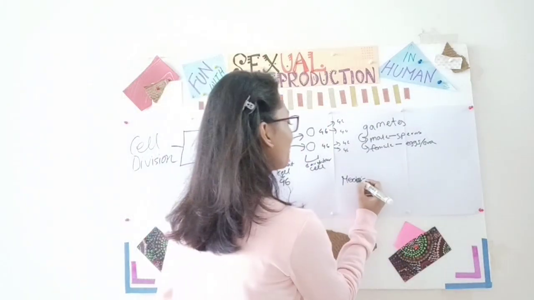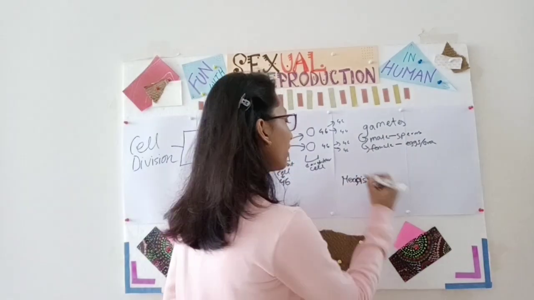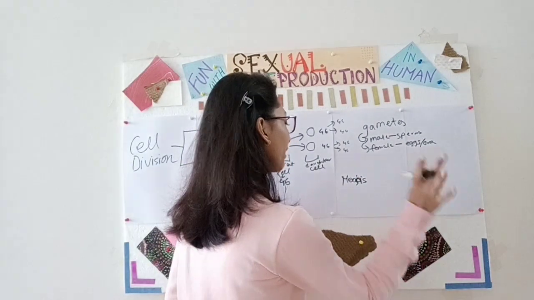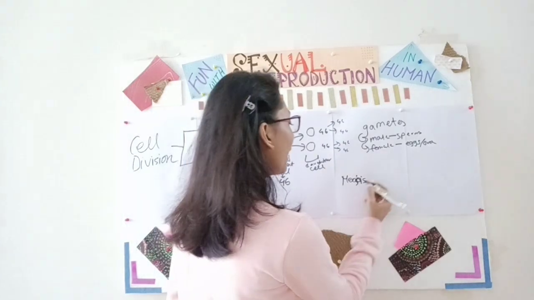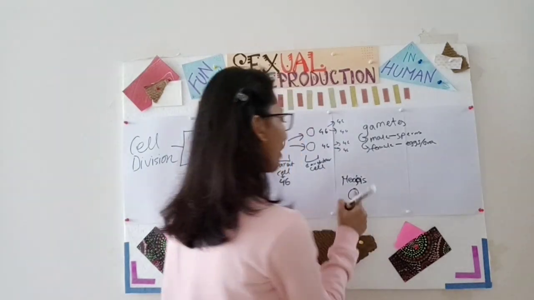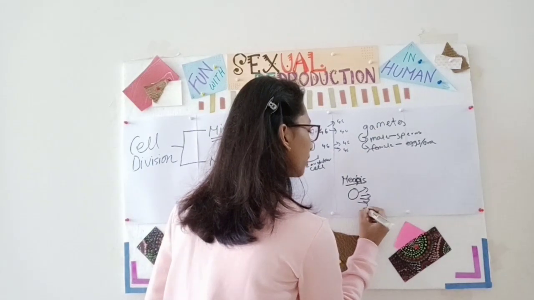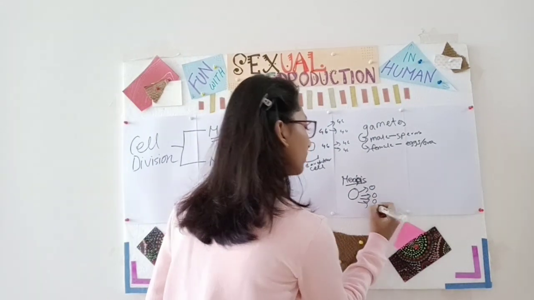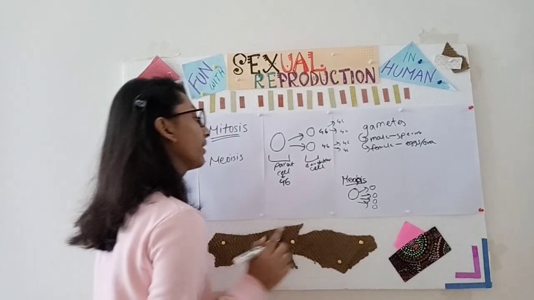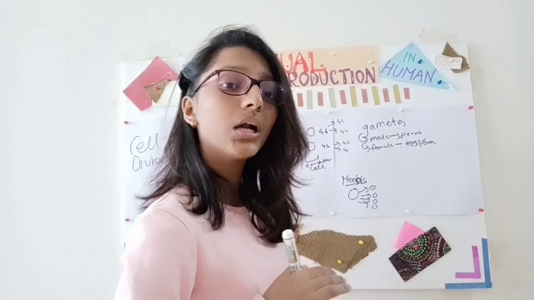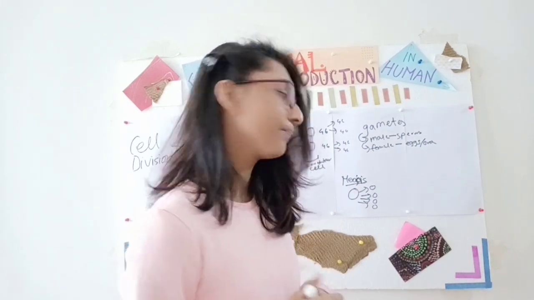I don't know why, I'm just feeling it suddenly while writing it. Basically, in meiosis, a parent cell divides into 4 daughter cells. Parent cell, daughter cell, fine. But this time, the daughter cells are not identical to the parent cell.